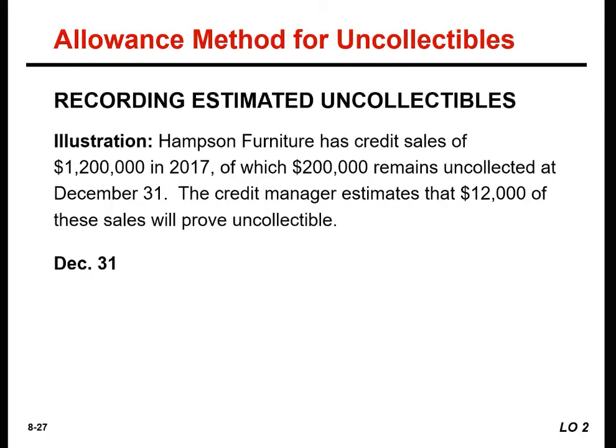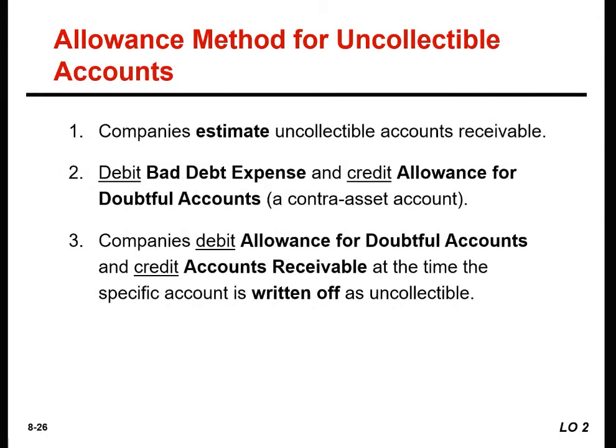So what we will actually be receiving, these receivables are reduced by estimated uncollectible amounts on the balance sheet in the allowance method by using a valuation account, which is the allowance for doubtful accounts, a contra asset to accounts receivable.